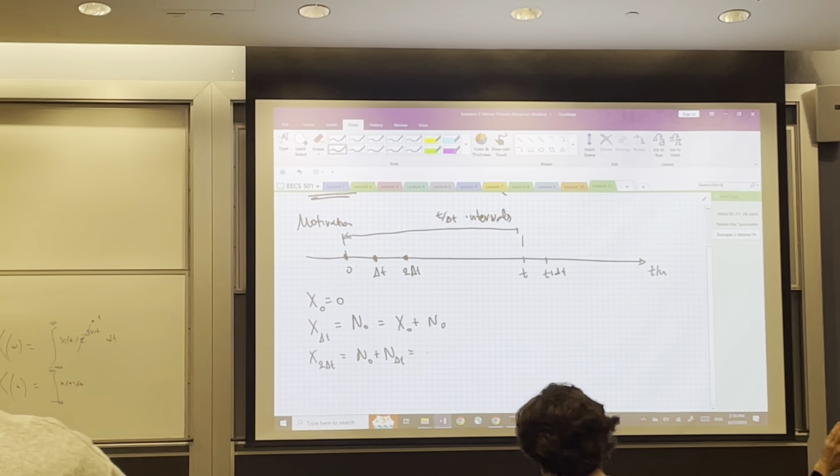For instance, what's the correlation between xt1 and xt2? By definition, Rx of t1, t2 is sigma squared times the minimum of t1, t2, which is sigma squared times t1, right? So I know that. Any pair I choose, I can find their correlation, so I can build a correlation matrix.